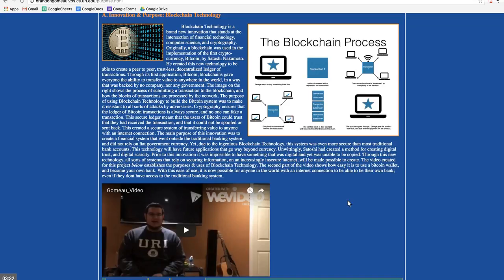Cryptocurrency allows the unbanked or anyone with an internet connection to become their own bank. And this has established digital trust and digital scarcity, which was never established before. And this could change the entire financial system as we know it, and also other applications in the future, like voting and other things that I'll get into.